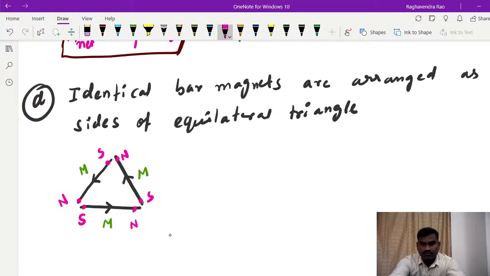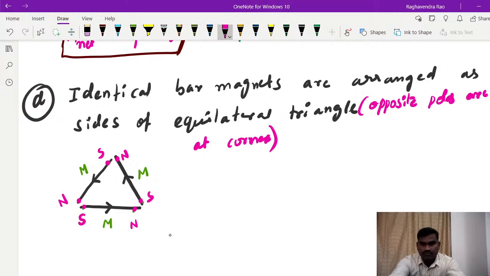So while giving the question, they will say identical bar magnets are arranged as the sides of an equilateral triangle such that opposite poles are at the corners of the triangle.